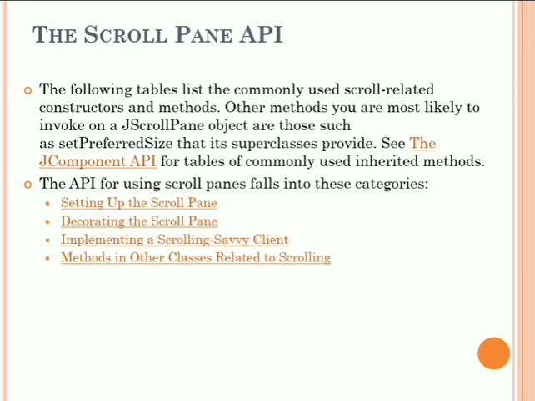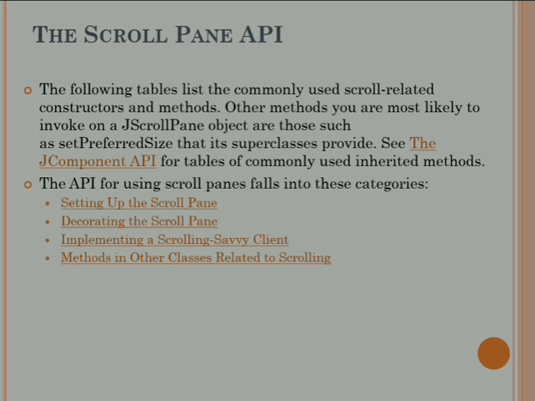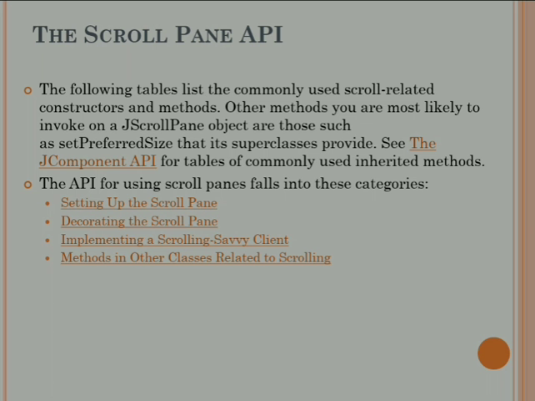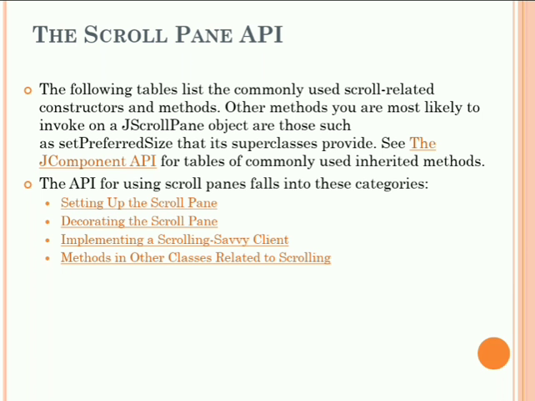Now the API for using scroll pane falls into these categories: setting up the scroll pane, decorating the scroll pane, implementing the scrolling savvy clients, and methods in other classes related to scrolling. Okay, this was all about the scroll pane. We have seen in detail how the scroll pane works and what is the use of scroll pane.